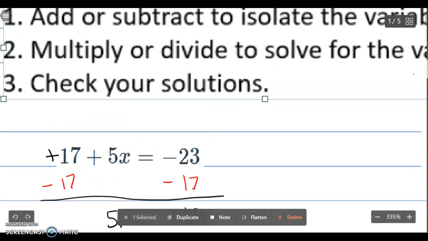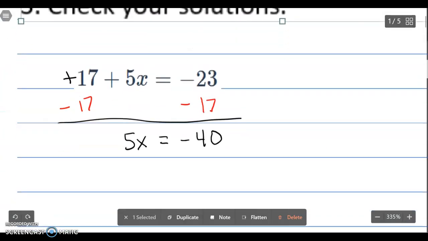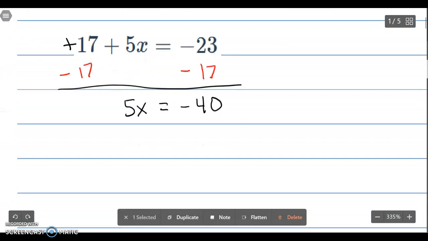Then my next step is to multiply or divide to solve for the variable. Since 5x is 5 times x, I'm going to do the opposite and divide by 5. 5 divided by 5 gets me 1, and 1 times x is x.